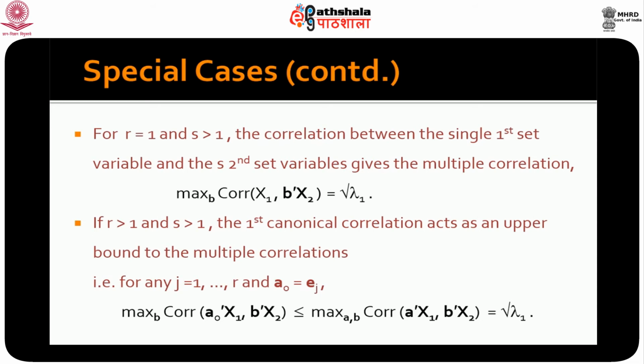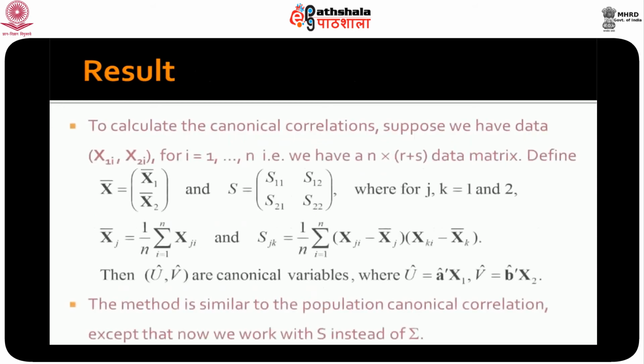Now let us look at the problem of calculating canonical correlations given a data set. So suppose we have data on r variables from x1 and s variables from x2, and there are n observations. Remember, in this case it has to be paired observations, paired in the sense that x1 and x2 sets must be paired.